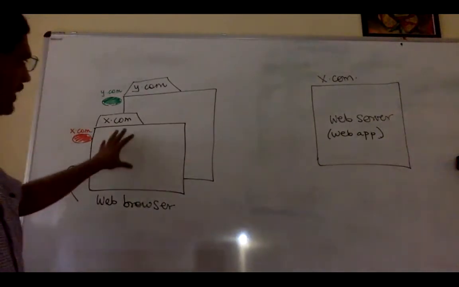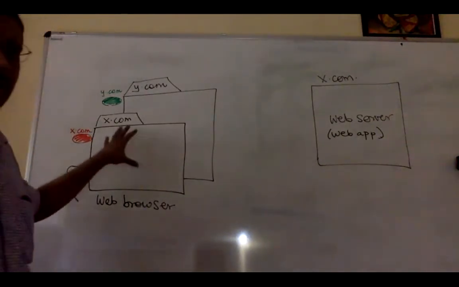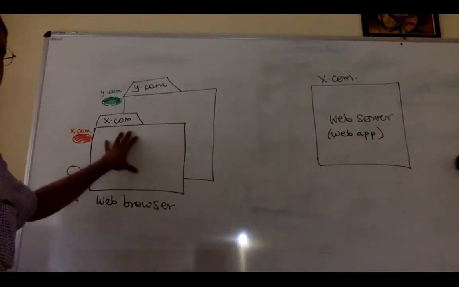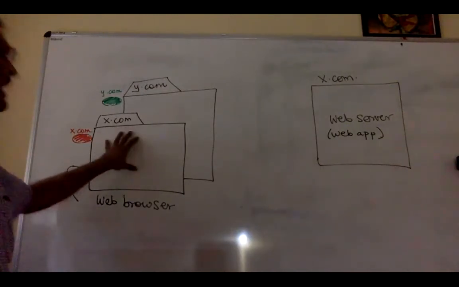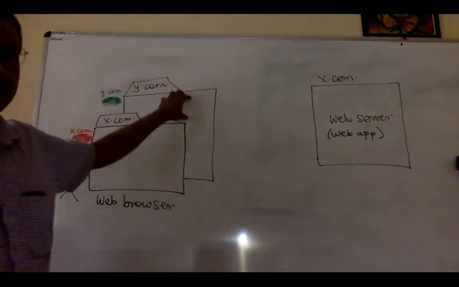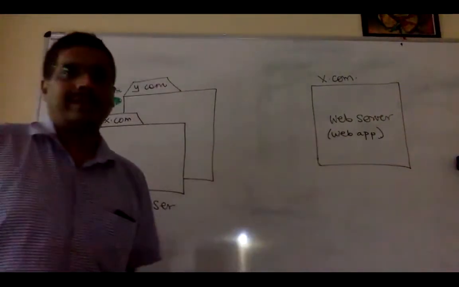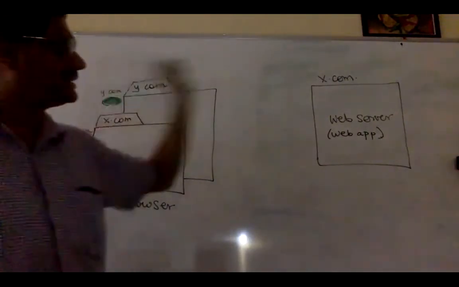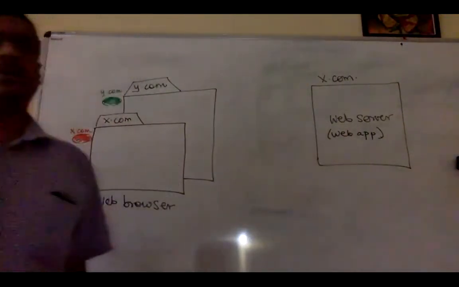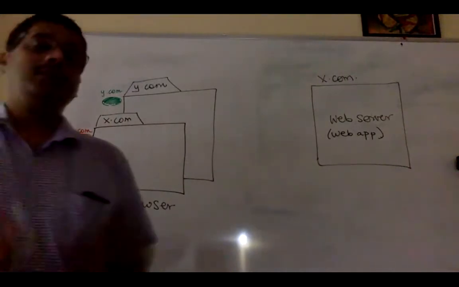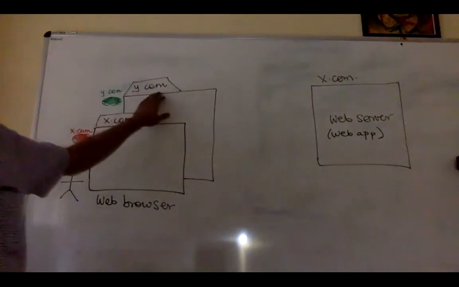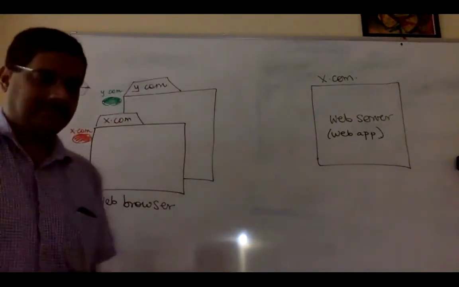And that when x.com's HTML or JavaScript or cascading style sheets and so on are shown in the web tab, it does not accidentally fetch y.com's cookies and send them over to x.com. That would be a situation where y.com's cookies are sent over to the wrong web server and can then be used to compromise this user's credentials with y.com. Okay, so you never want that.